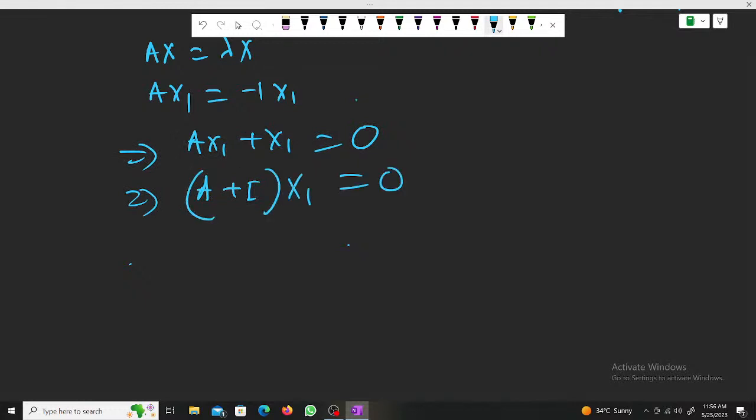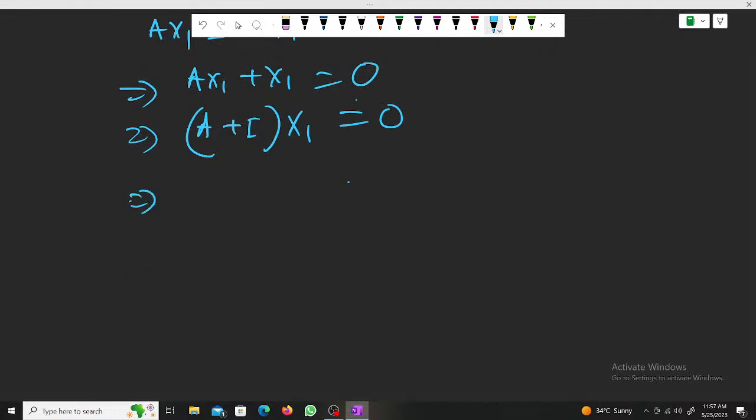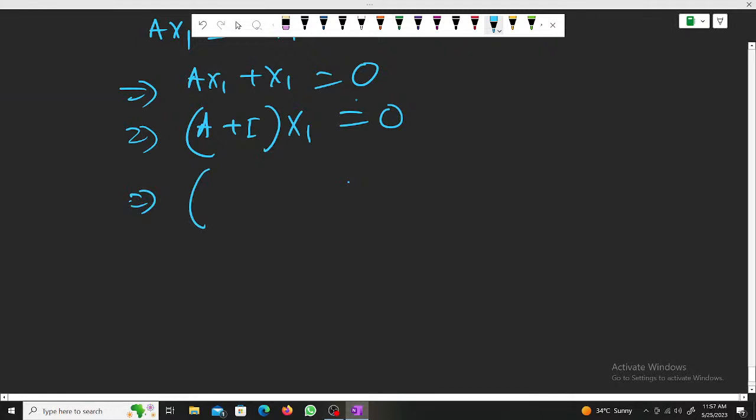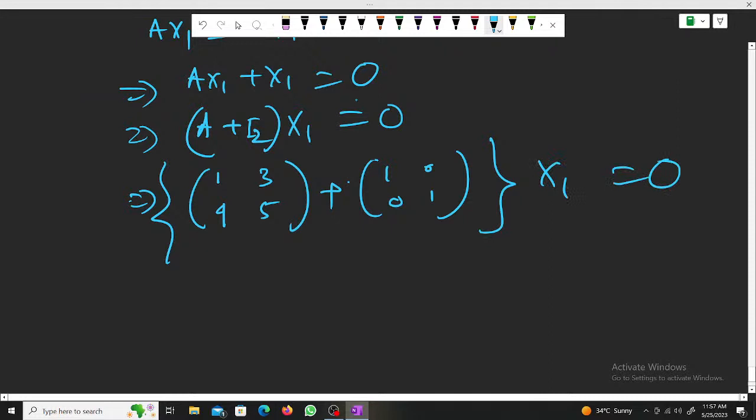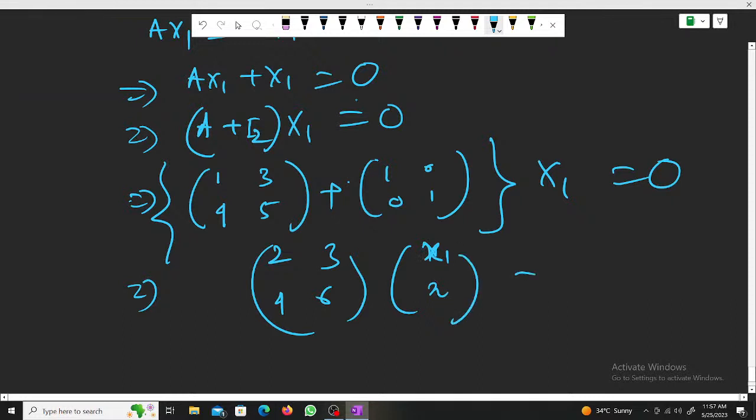That means the matrix A, which was 1 3 4 5, is added to 1 0 0 1, where I here means the identity matrix of order 2, into x1 equals 0, which implies the matrix with rows 2 3 and 4 6 into x1, x2 is equal to 0.